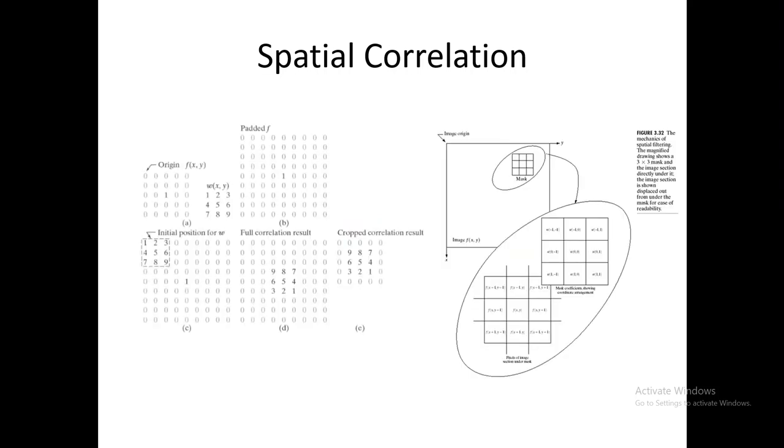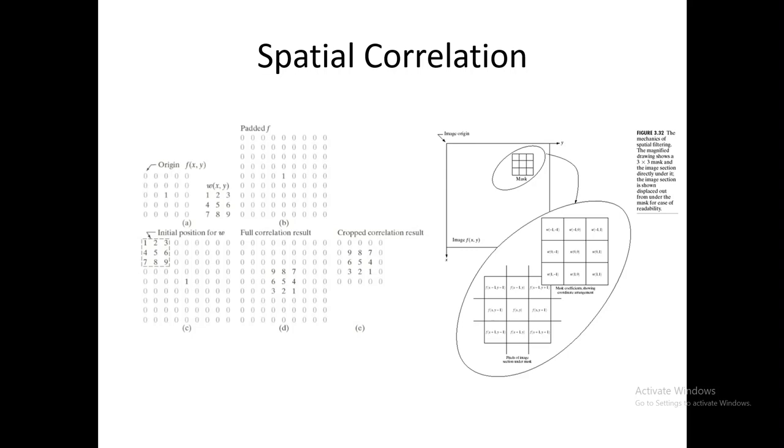We can see here an example where we have an image with the center pixel at 1, and we have the filter mask. Before we perform any filtering operation, we pad zeros. Then we move the mask over this image and perform the sum of product, and finally we get the full correlation result.